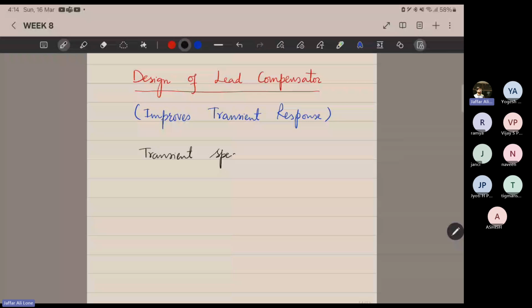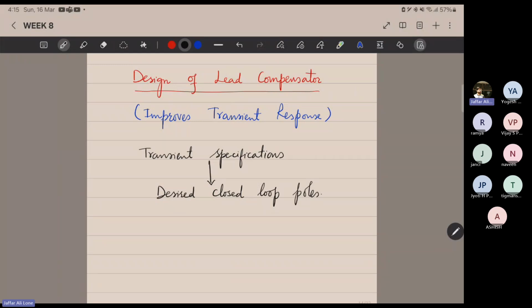Then the next step is what? You find the desired closed loop poles, that's the dominant poles. Now you know how to find these desired closed loop poles. Then you find the root locus of the uncompensated system, right?